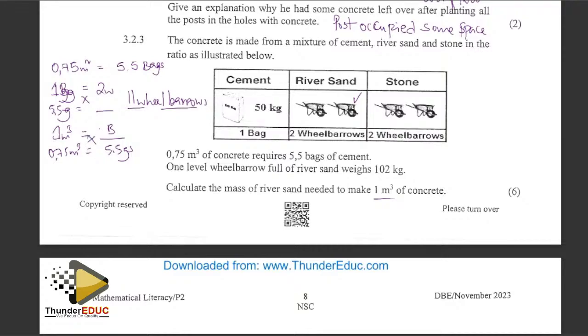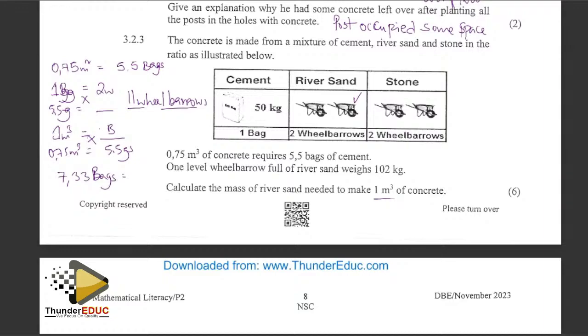So we shall cross multiply. We need to find out how many bags we need here. Cross multiply simply meaning we shall divide 5.5 divided by 0.75. So you end up having 7.33. These will be what? Bags of cement. But remember, one bag takes 2 wheelbarrows. What about the 7? So 7.33, we shall multiply it by 2.